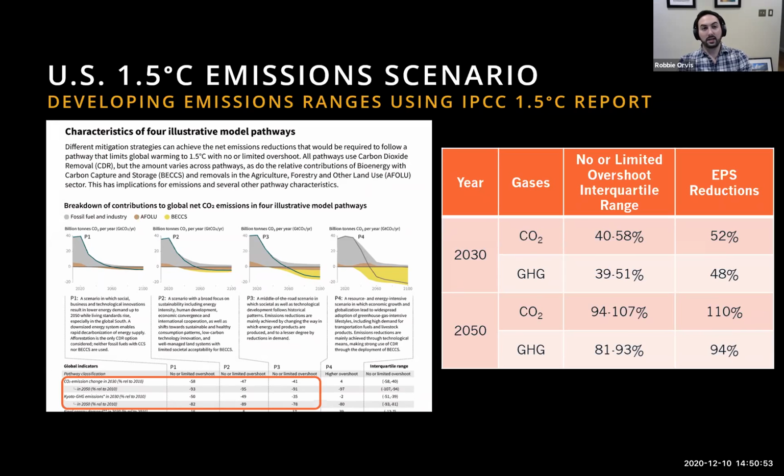Another is that the EPS is really focused on specific policies that policymakers can take. And En-ROADS is a bit broader in that it looks at much larger assumptions about broad policy categories, like a global carbon tax or a regional carbon tax.